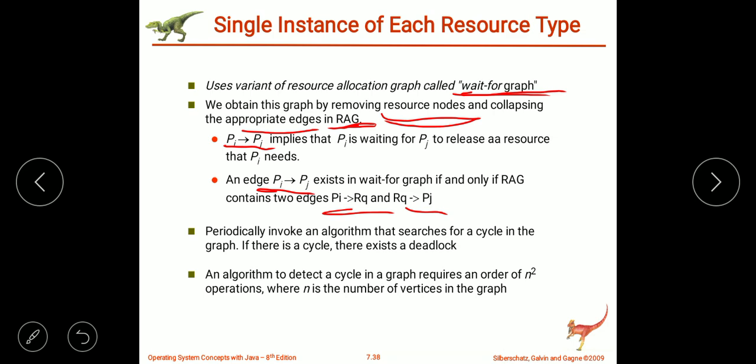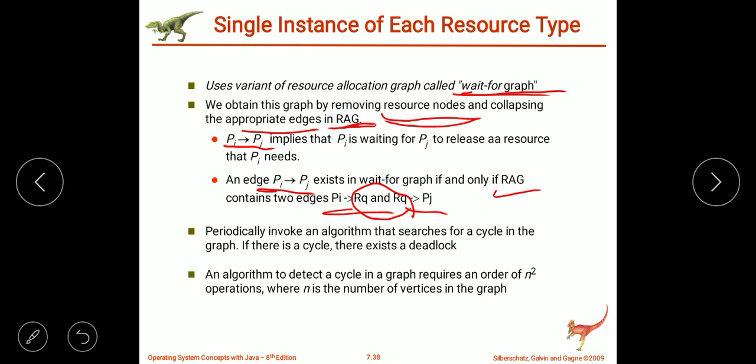If these two edges exist in the resource allocation graph, then only we can have the Pi to Pj edge in the wait for graph, because if we remove the resource Rq, then we would get an edge from Pi to Pj in the wait for graph, right?